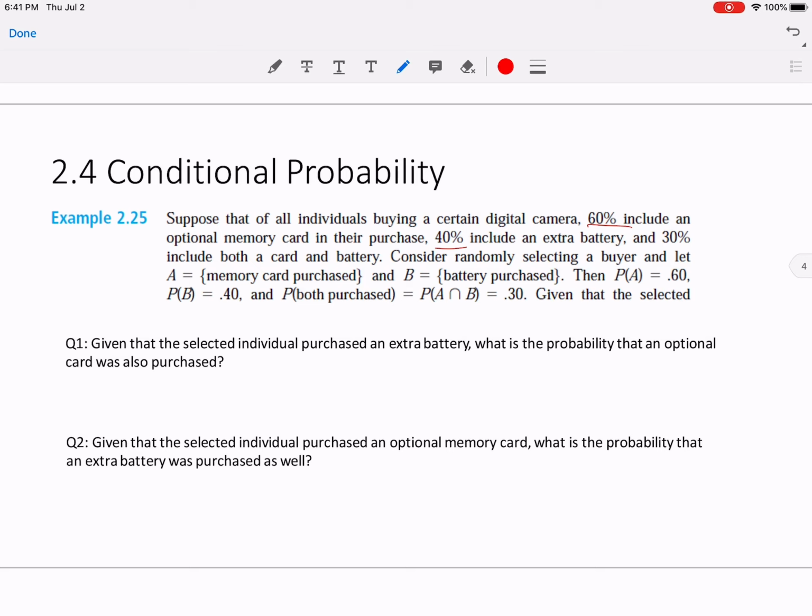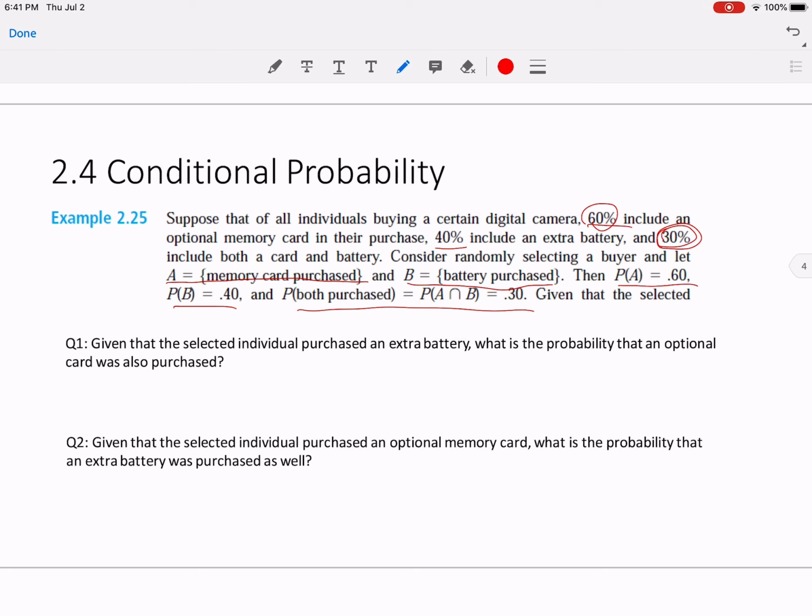Consider randomly selecting a buyer, and let A represent the memory card purchased, B represent the battery purchased, and of course, based on the numbers given in the problem, we have the probability of A as 0.6 and the probability of B is 0.4. And of course, the probability both purchased would be the probability of A intersection B, which is 0.3, given in the problem as well.